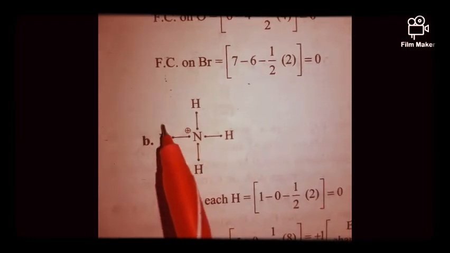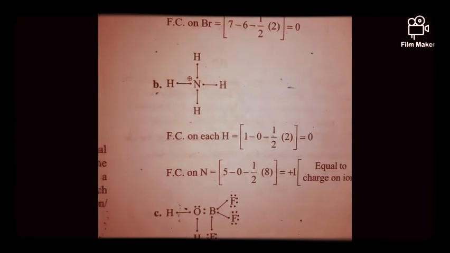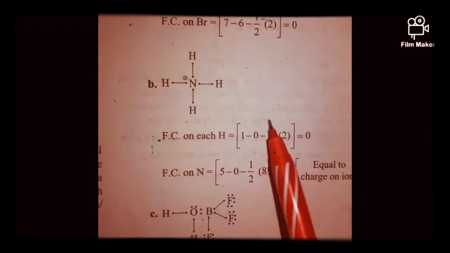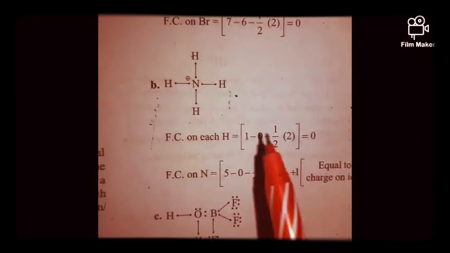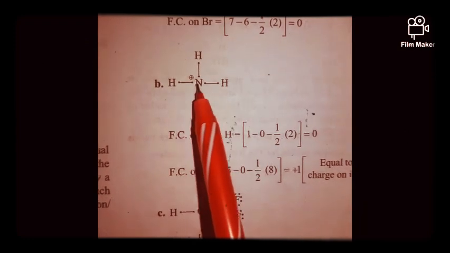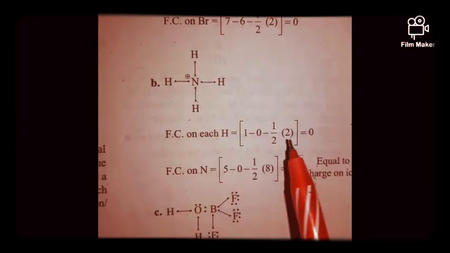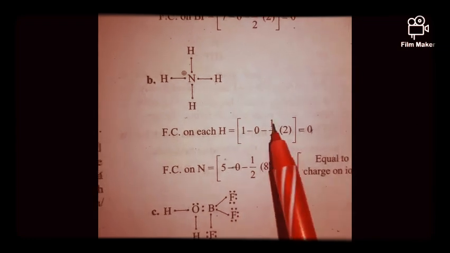Here non-bonding electrons are absent, so 1 minus 0, minus half into the number of bonding electrons. Hydrogen has one bond, that means 2 electrons are involved in bonding, so half into 2. If we solve this we will get 0.